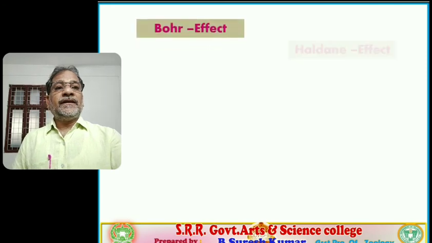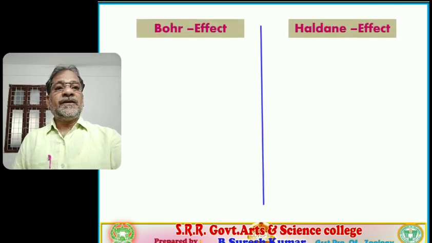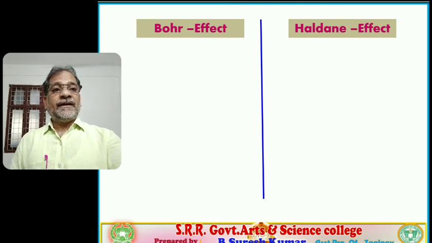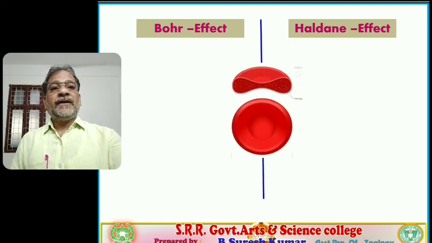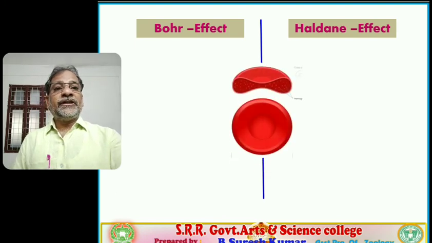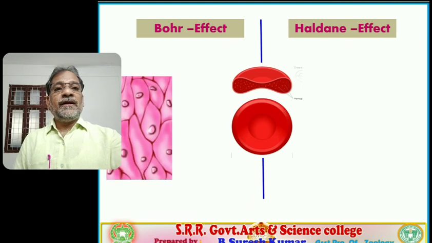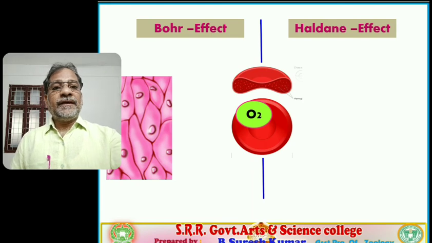Right. Now you observe the converse things between the Bohr effect and the Haldane effect. Differences between the Bohr effect and the Haldane effect, let us see. On the left side, Bohr effect changes. These are RBC with hemoglobin molecule, and tissue. So the Bohr effect occurs between RBC and tissue.